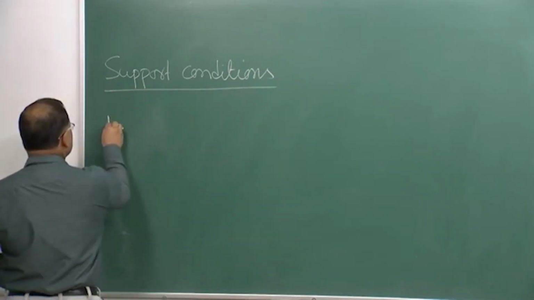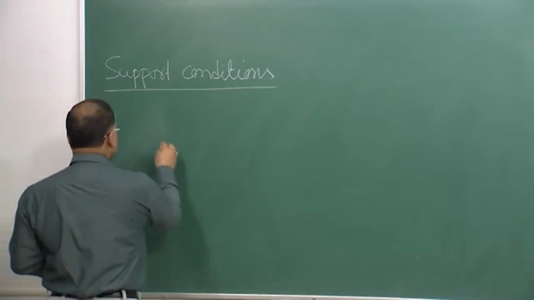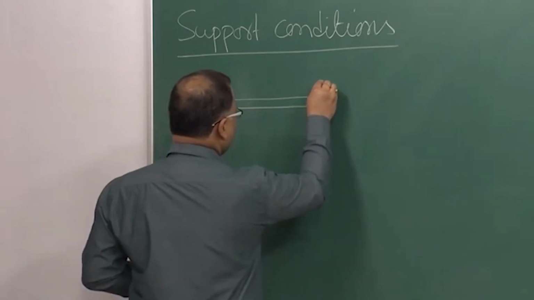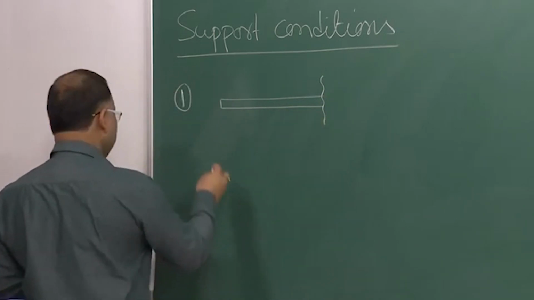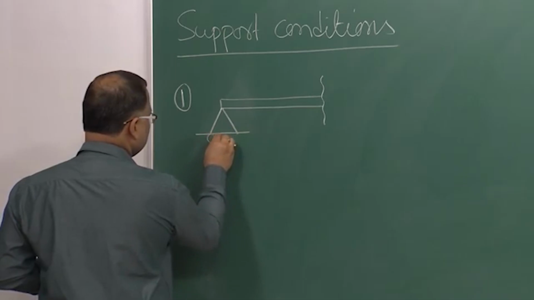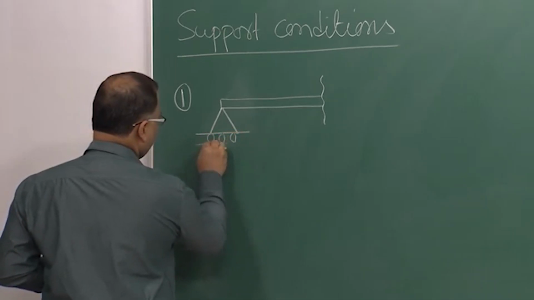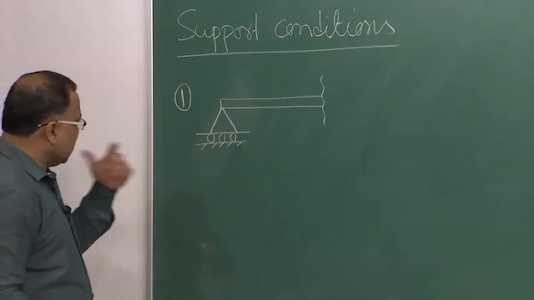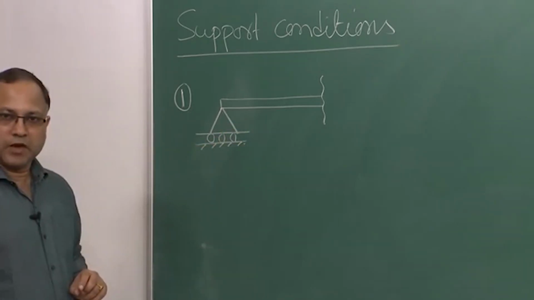First one is, suppose I have one beam, which is supported like that. These are rollers, fine.